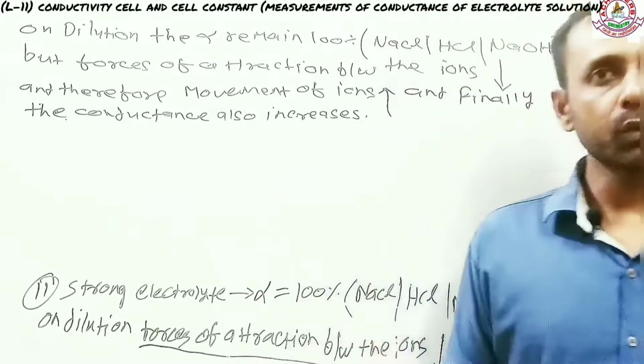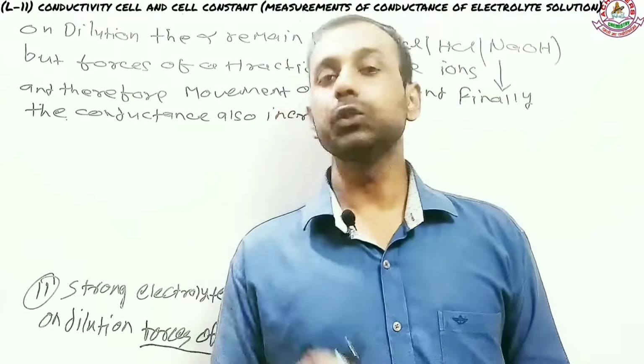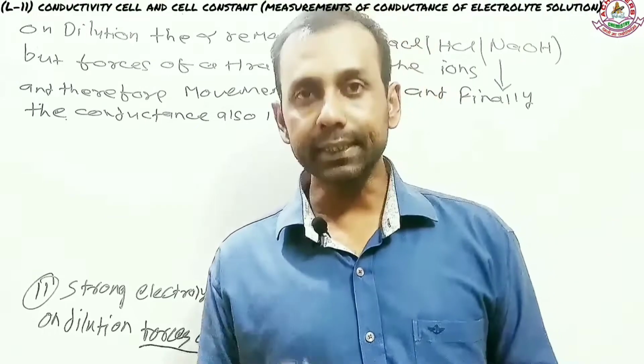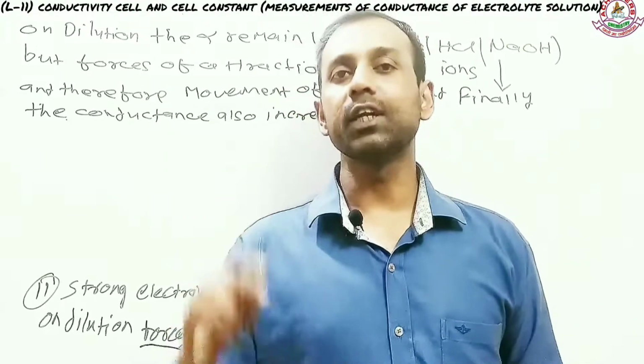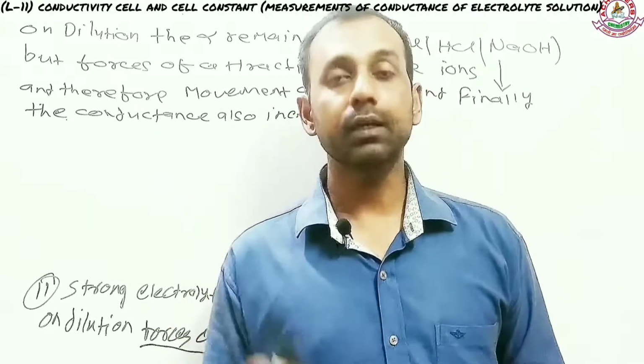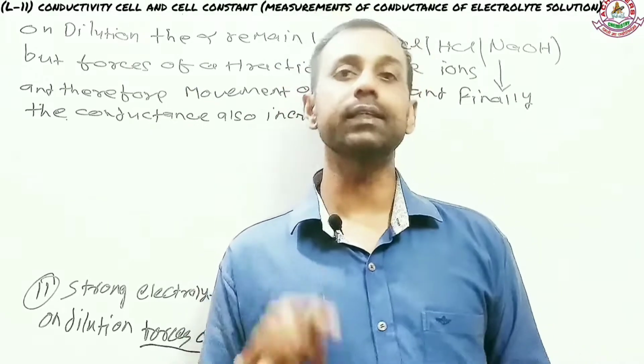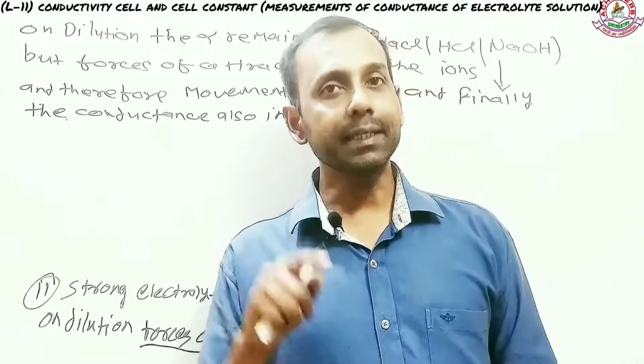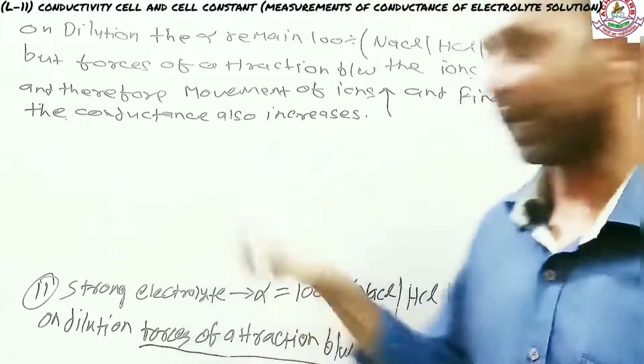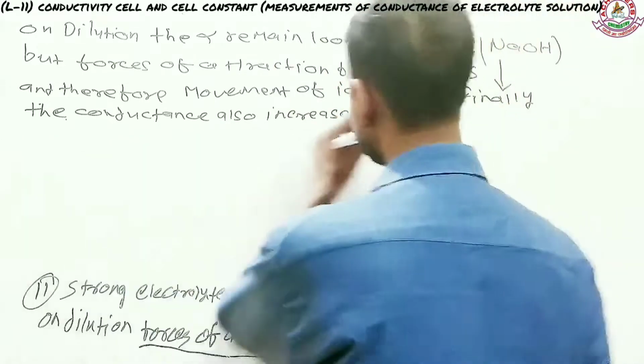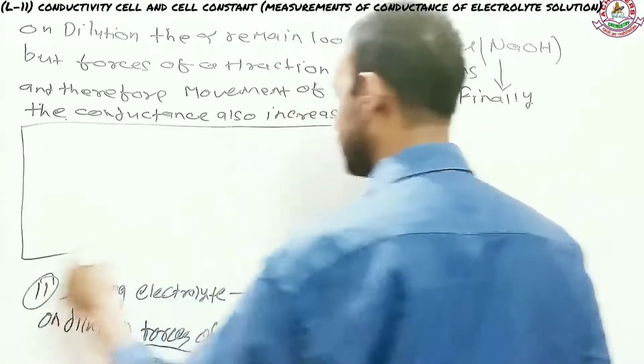So let me repeat back the whole thing. Conductance of a weak electrolyte increases due to increase in the number of ions, but conductance of a strong electrolyte increases due to decrease in the force of attraction. So I'm going to write that again here. This is going to be the key of this whole discussion.